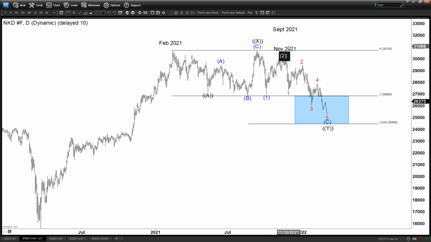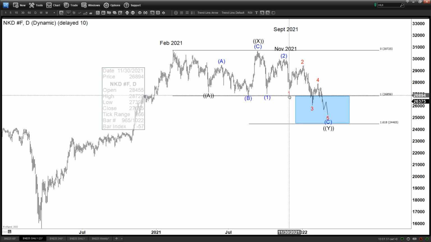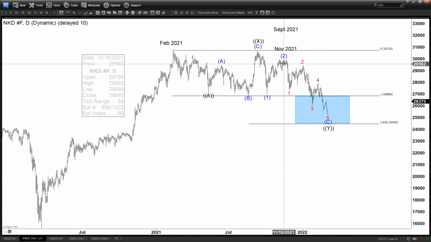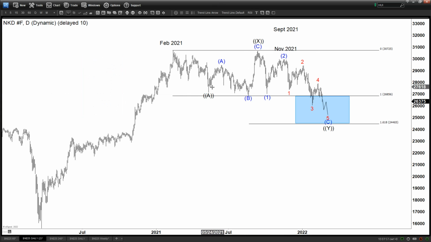If you're calling this a wave 3, and then you have an overlap between 1 and 4, that is not allowed within wave 3. You can have an overlap within wave 1, wave 5, wave A, wave C, but not within a wave 3. But this one will have an overlap if you call it that way, right? So it's not possible.